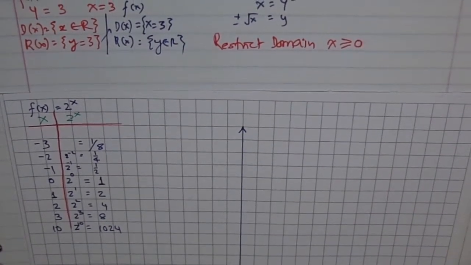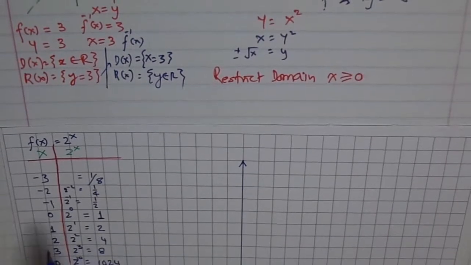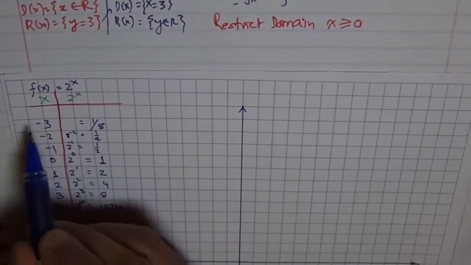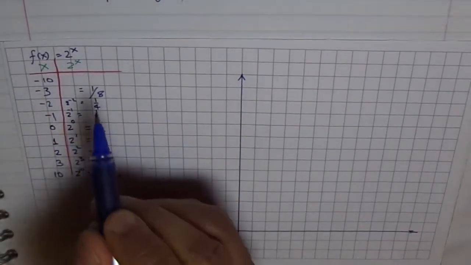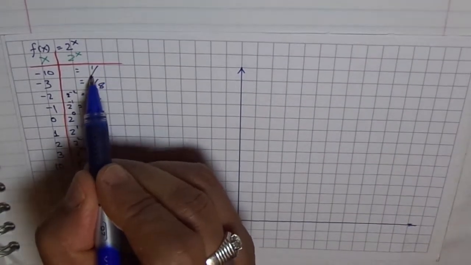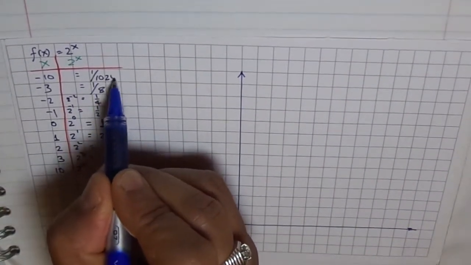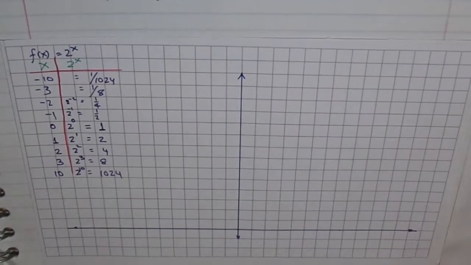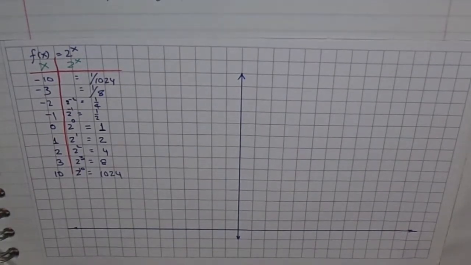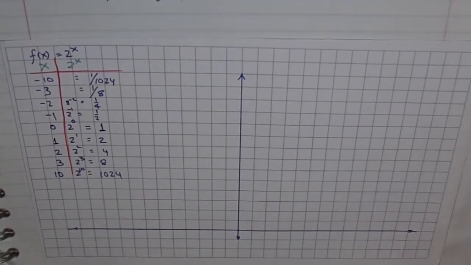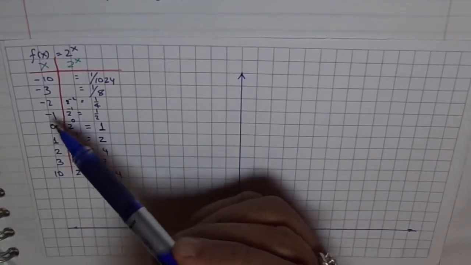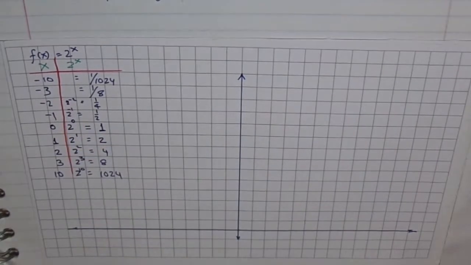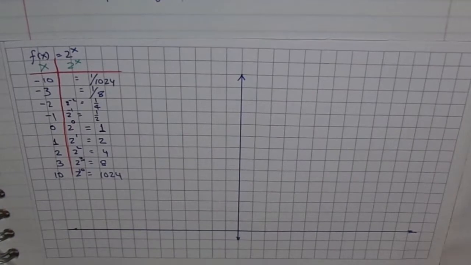Do you see that? Here, if we do 2 to the power of minus 10, then it will be equal to 1 over 1024. Do you understand? Approximately 0.001, such a small number. So, as we go on the negative side, our values decrease and approach 0, correct?